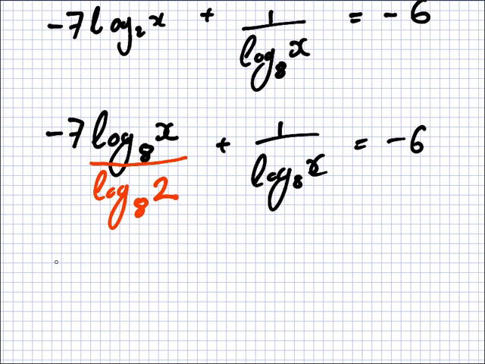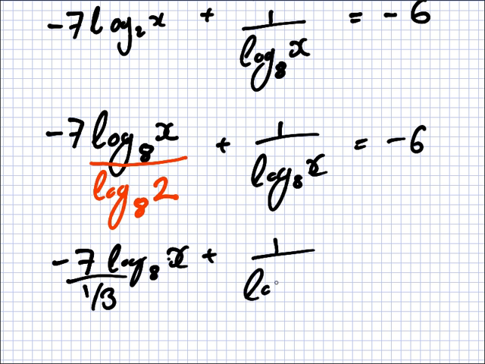So now you have minus 7 over 1 over 3 log 8x plus 1 over log 8x equals minus 6. Okay, it's starting to get a bit better because now we have log 8 for both. So we're making progress.